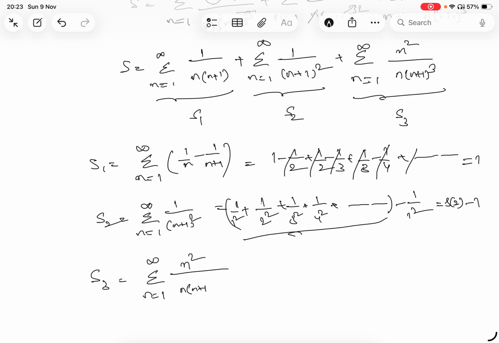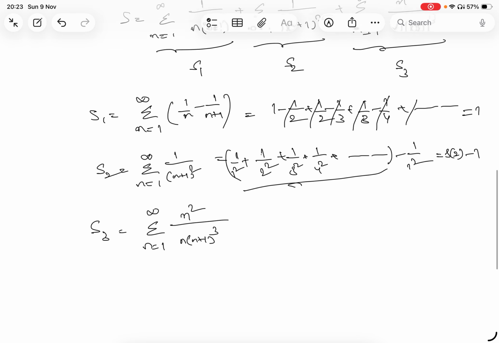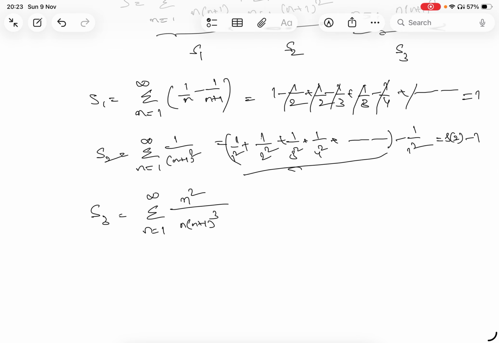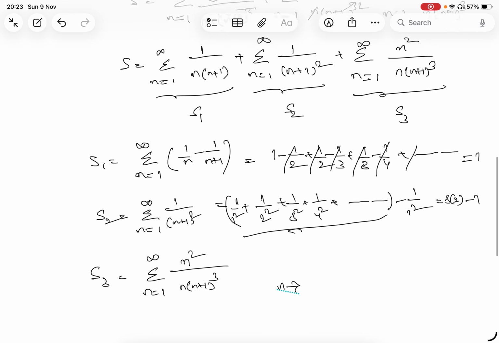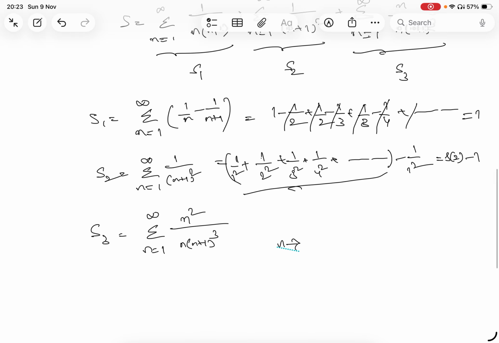Fine. Now let's figure out S3, which is summation n equal to 1 to infinity n square by n into n plus 1 whole cube. Fine. This seems to be somewhat tricky. So let's do one thing here. Sorry, n square by n, right? One n will get cancelled. Then we are left with n by n plus 1 whole cube.